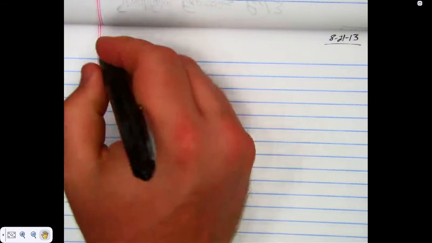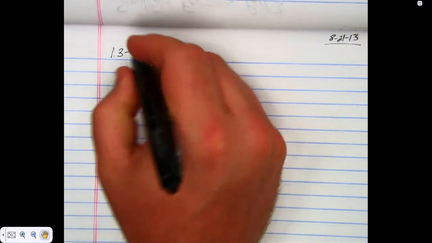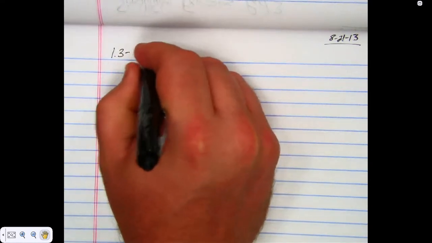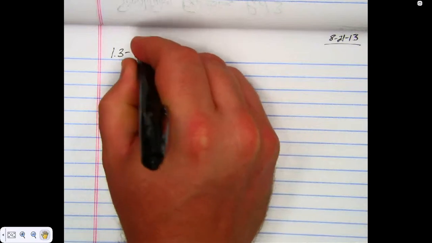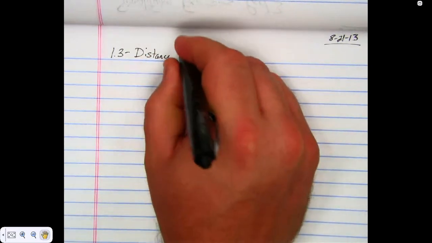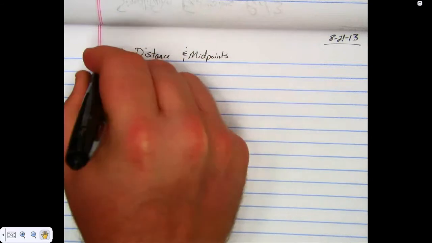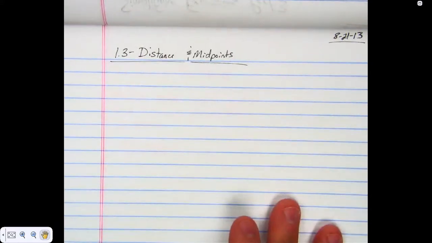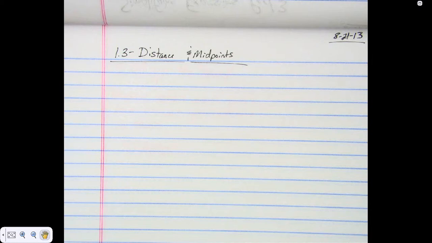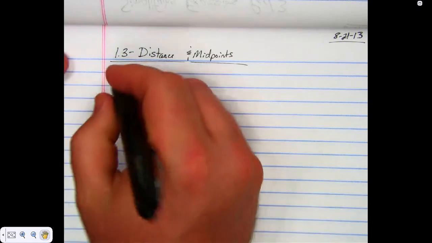Oh, we're doing section 1.3, distance and midpoints. Distance is just that, distance on a number line.